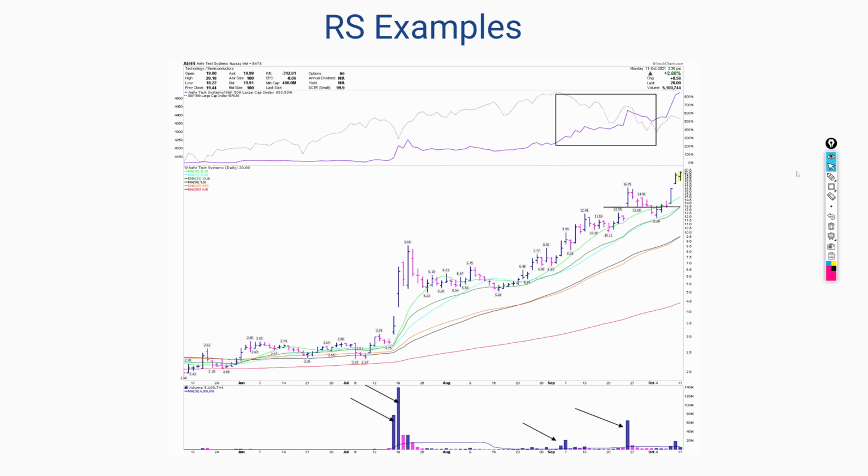So this particular chart is showing what I call an RS zone, where the market's coming off of highs, right? The dotted line here is the S&P. So the market's under pressure, and this particular stock decides that it wants to buck the trend and really perform in this time frame, right?